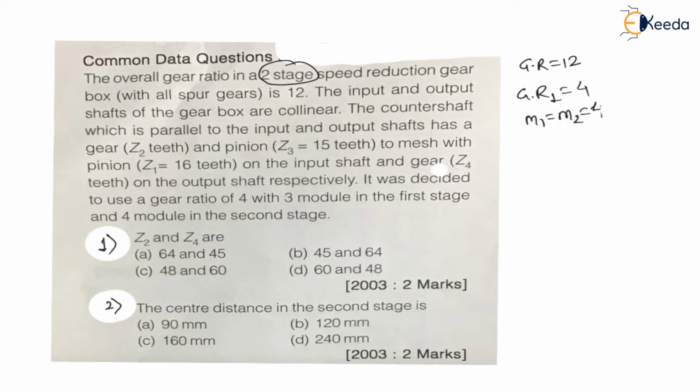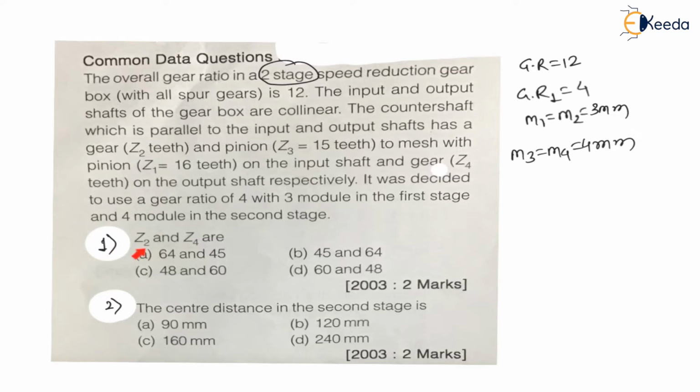Module is given as 3 mm in the first stage, and 4 mm module in the second stage. In the second stage, gear 3 and gear 4 are in meshing. Therefore, module 3 is equal to module 4, equal to 4 mm.